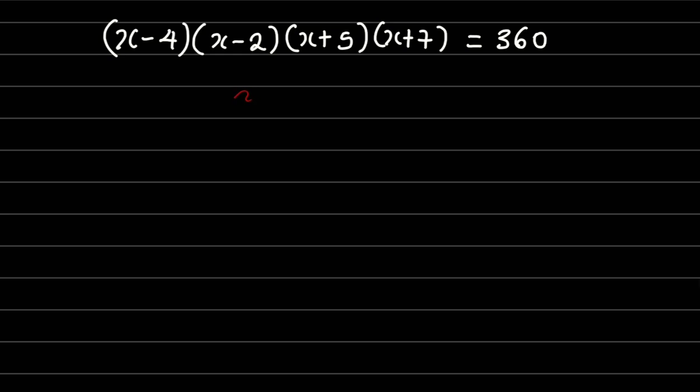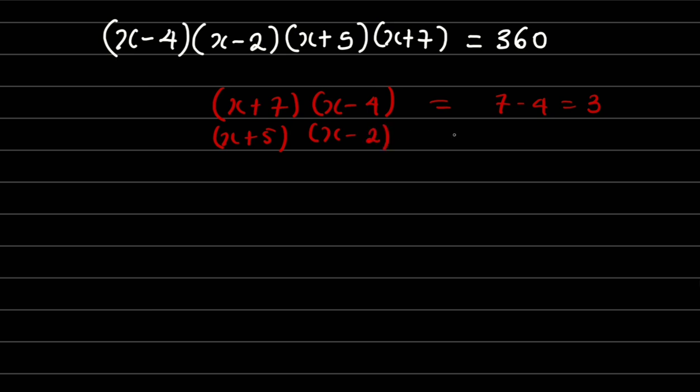Hence, if you look at x plus 7 and x minus 4, they can go together in that by the time we do this, you can see that 7 minus 4 is equal to 3. Then when we bring out x plus 5 and x minus 2, we will now see that when we have the terms 5 minus 2, we are going to have 3.